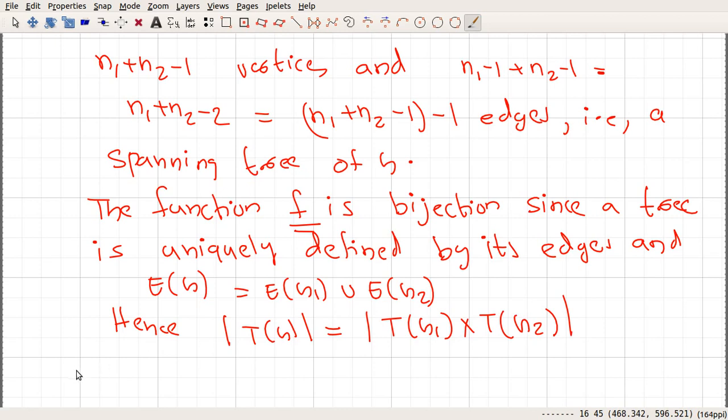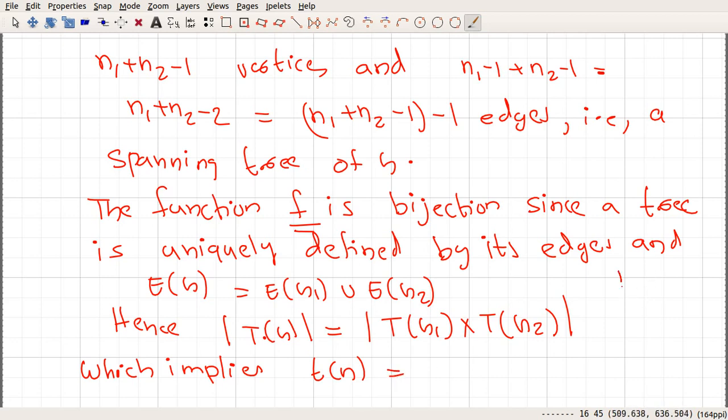Okay, and this implies T of n, the number of spanning trees. So we define T of G to be the set of all spanning trees of G. Okay, so this cardinality will be equal to T of n.